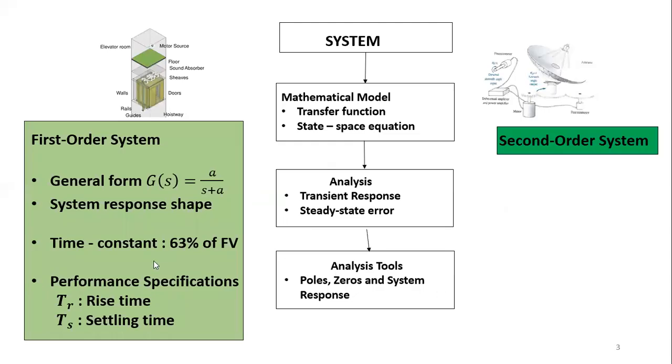In our previous lecture we talked about the first order system. We talked about the general form of the first order system, whose transfer function is A over S plus A, and the system response shape for the first order system.